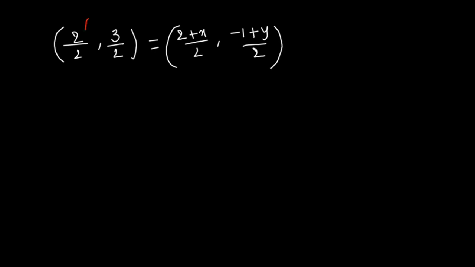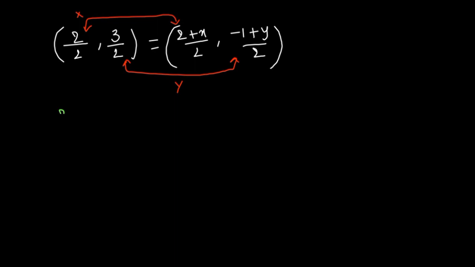Now when they are equal, these two also are equal, because diagonals bisect each other in a parallelogram. That means the diagonal AC midpoint and diagonal BD midpoint both are equal. Now finally I am going to equate the x coordinates and the y coordinates.